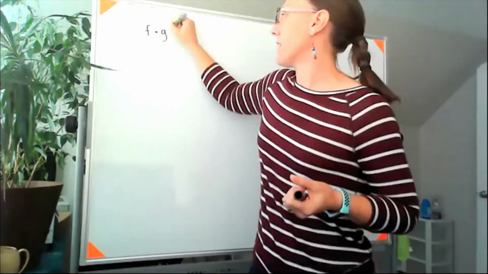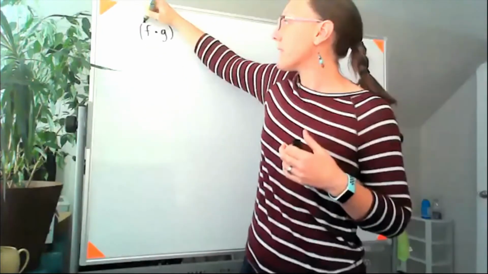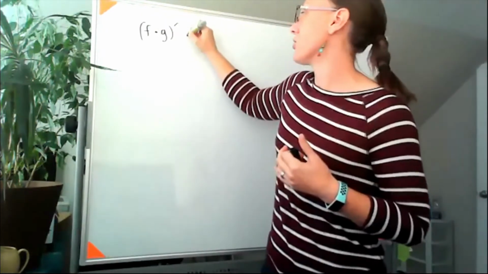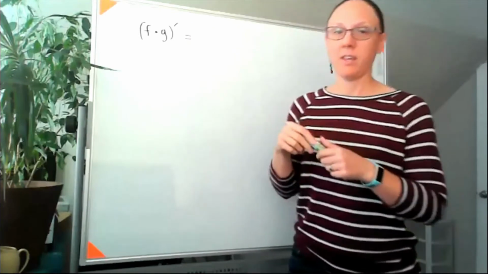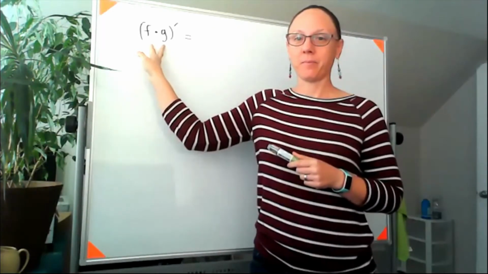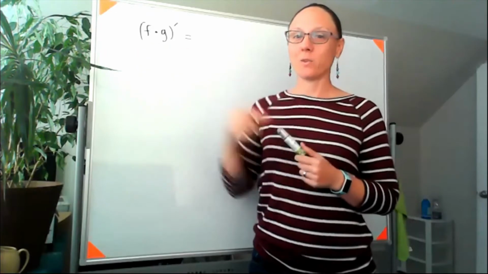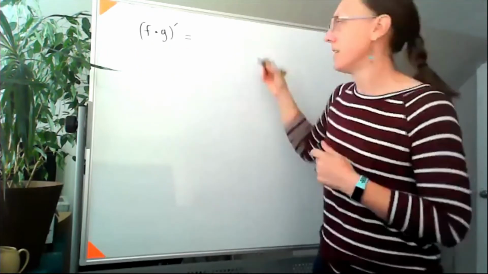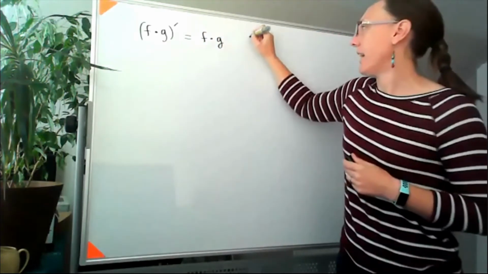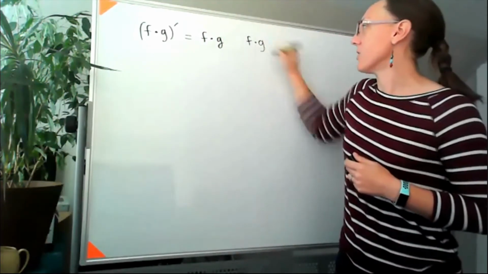If I have an f times a g, meaning I've got two functions that are multiplied together, and I want to find the derivative, because I have two things multiplied together, I'm going to write those two letters twice. I'm going to write this as f times g and another f times g.